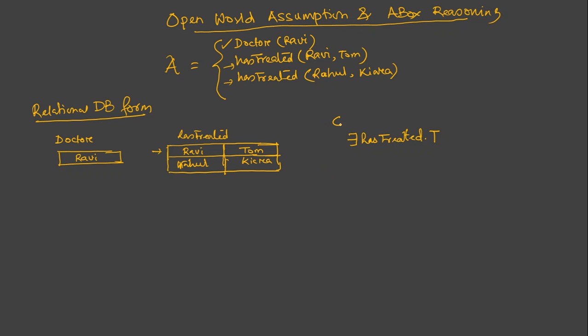If we put a query like this here, we'll be getting two answers: one is Ravi and the other is Rahul, right? And if you put the same query in the A box system, we'll be getting the same set of results.